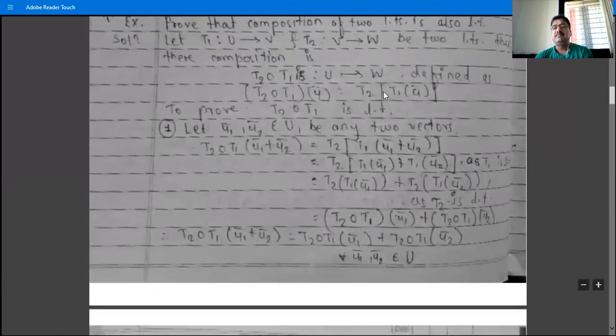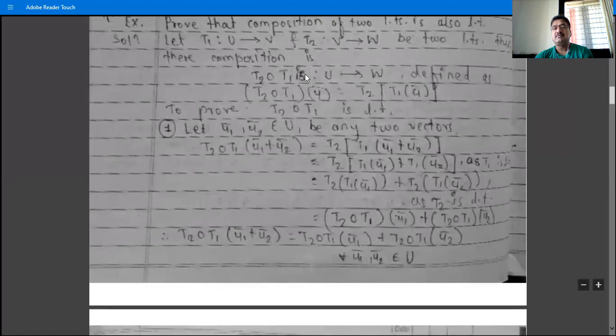Suppose this is V1 bar and this is V2 bar. Then T2 of (V1 bar plus V2 bar) is T2 V1 bar plus T2 V2 bar, so we get T2 T1 U1 bar plus T2 T1 U2 bar, as T2 is a linear transformation. And T2 of T1 U1 bar is T2 circle T1 U1 bar, by using the definition in the reverse way.